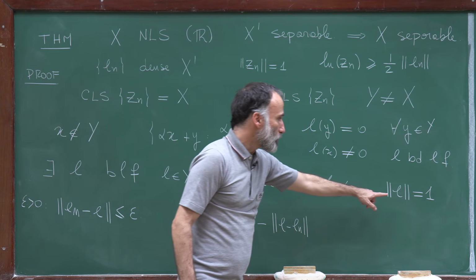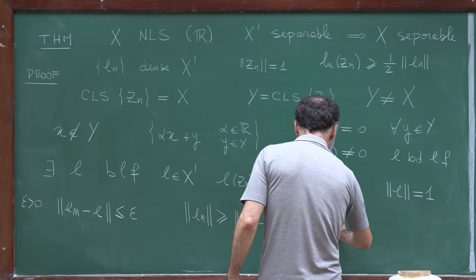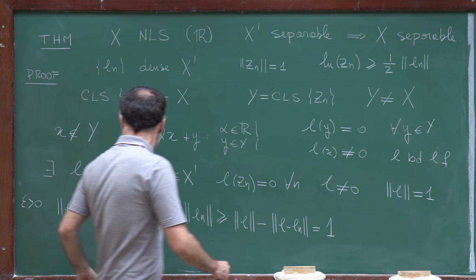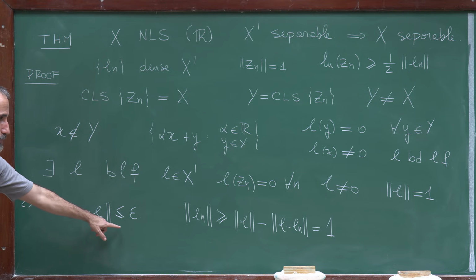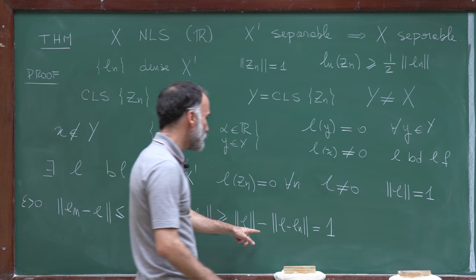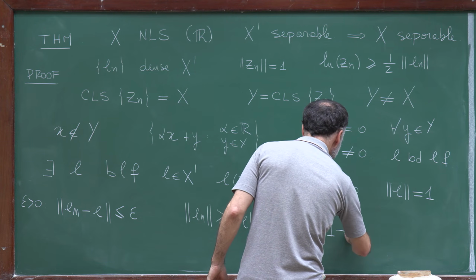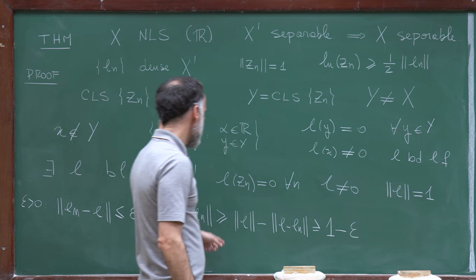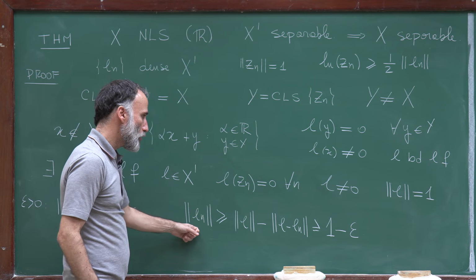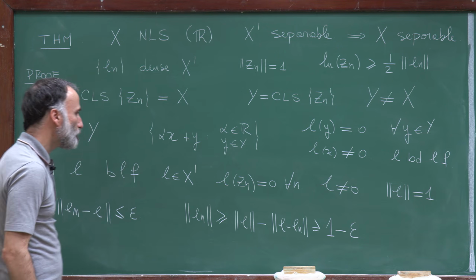The norm of L is equal to 1. The norm of Ln minus L is bounded by epsilon, so we get a minus sign here, so the norm of Ln is larger or equal than 1 minus epsilon. So this gives us a lower bound on the norm of Ln.